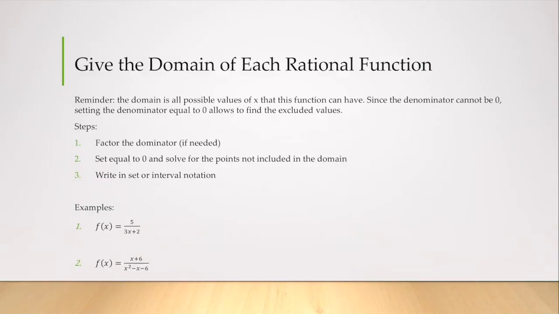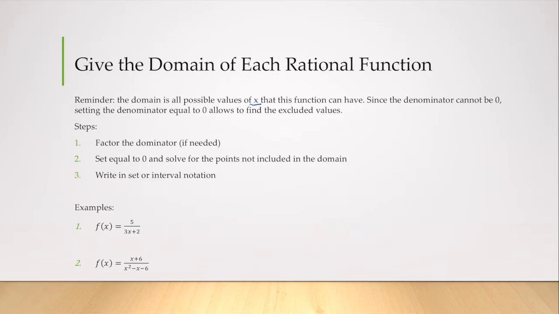So how do I give the domain of a rational function? So the first thing we want to do is remember what a domain is. So the domain is the set of all possible x values that a function can have. And since our denominator cannot be 0, if we set the denominator equal to 0, that allows us to define what values should be excluded.